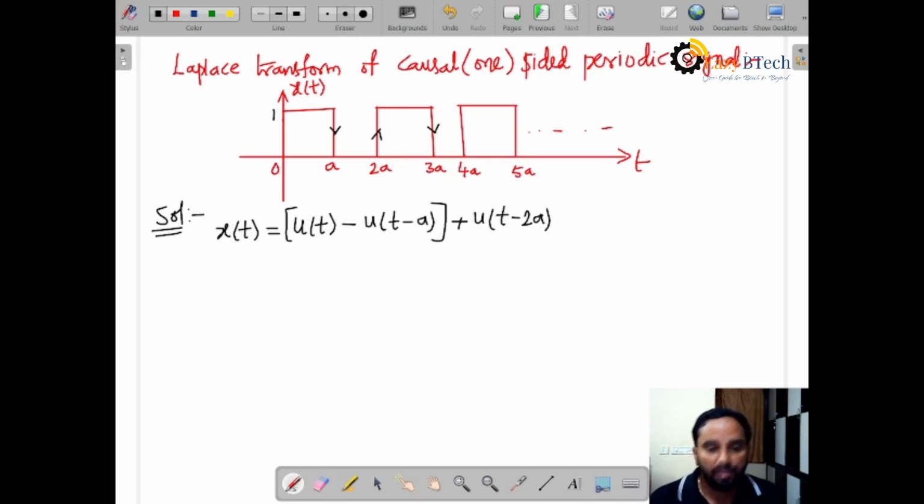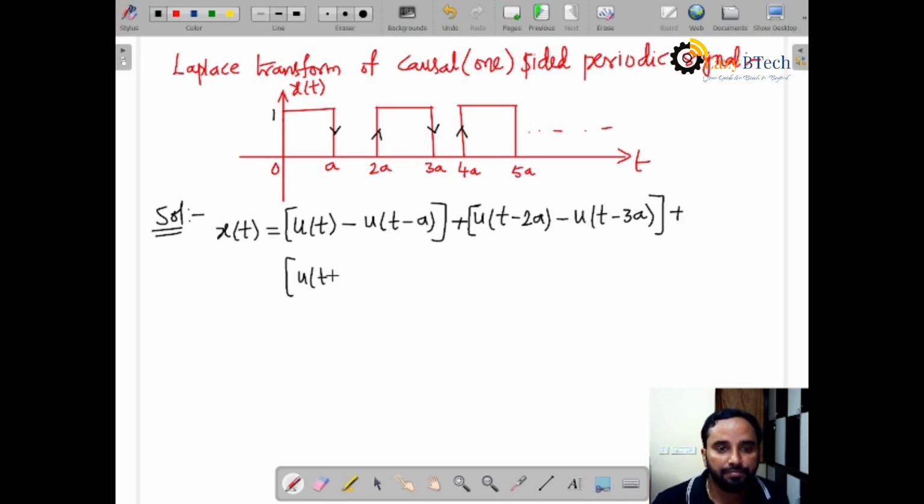Next at 3a it is falling, so minus u of t minus 3a. Okay, plus at 4a it is rising, so u of t minus 4a, minus at 5a it is falling, so u of t minus 5a, and so on.